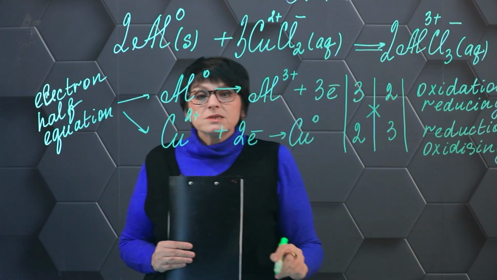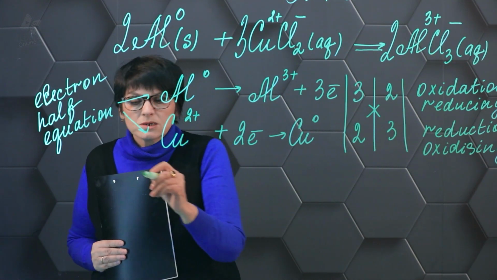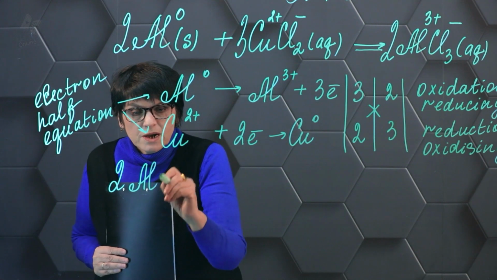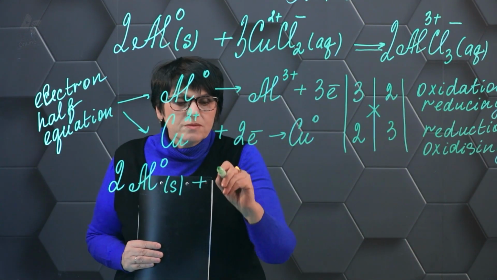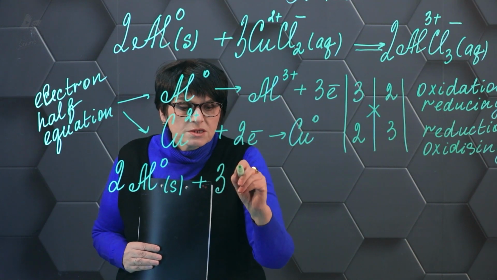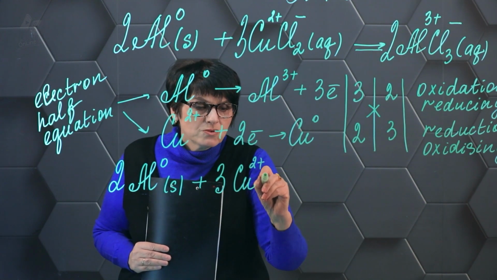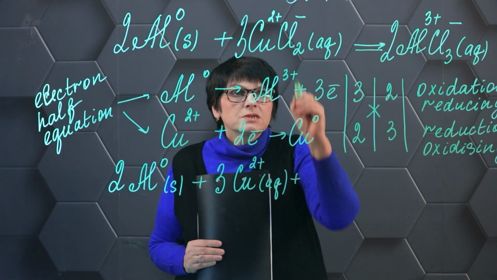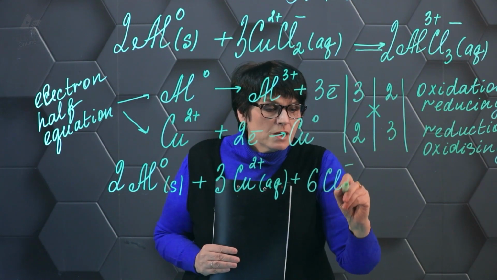Now we can break this process down from the position of what happens if we dissect each of these substances. Then we get 2 aluminum, a solid. The 3 CuCl2 substance dissociates into 3 Cu2+ ions, which are in aqueous solution, plus, respectively, 6 chlorine ions, which are also aqueous.